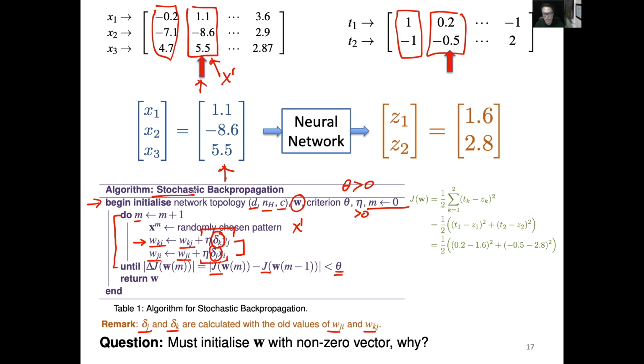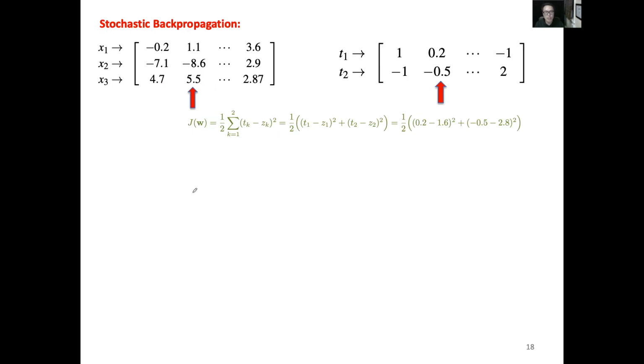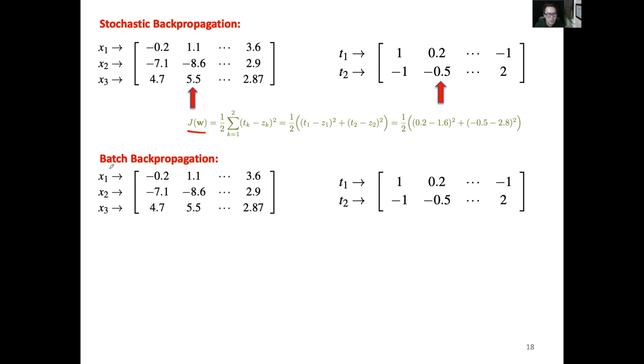Now take a look at another approach. As I mentioned, in stochastic backpropagation each time we just pick one sample to minimize J. Now we are going to do the batch backpropagation, which means we use all the samples in the training data set.